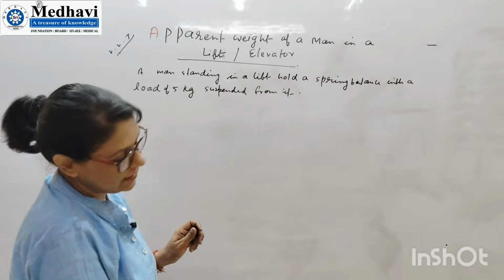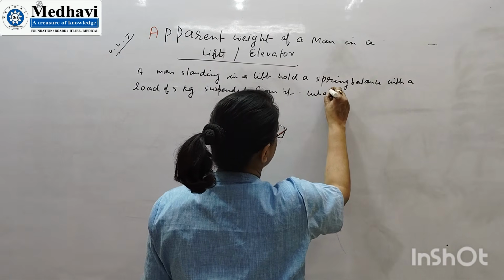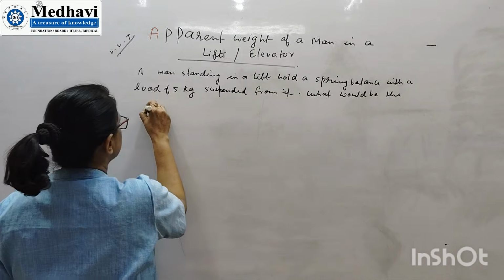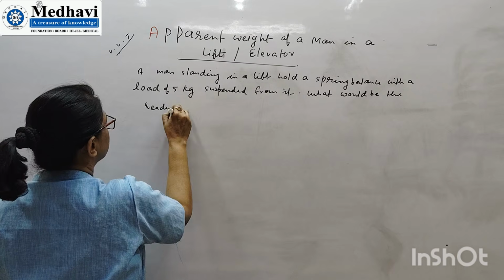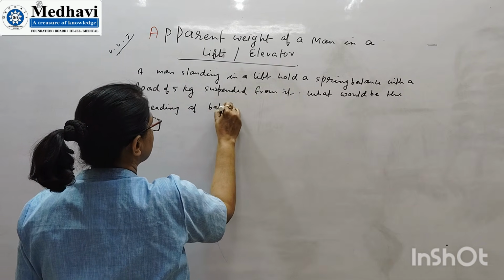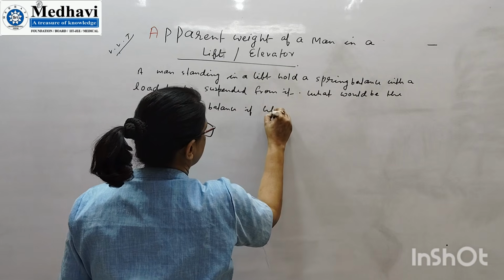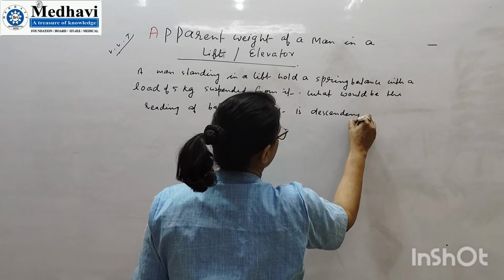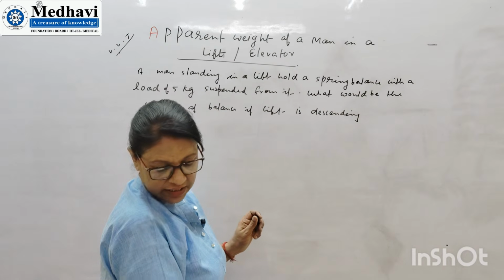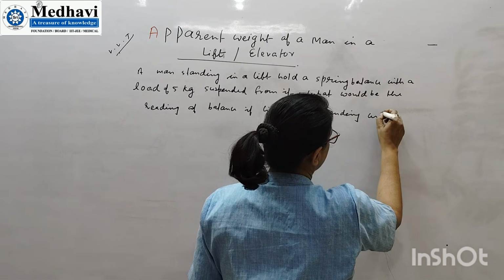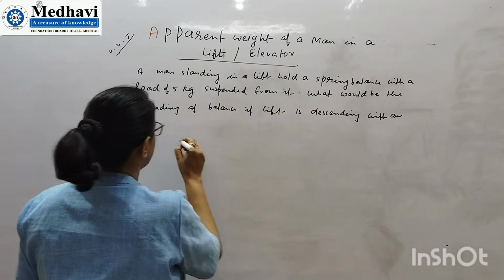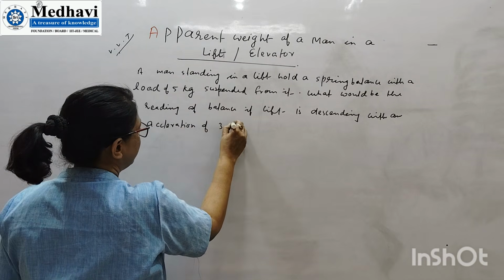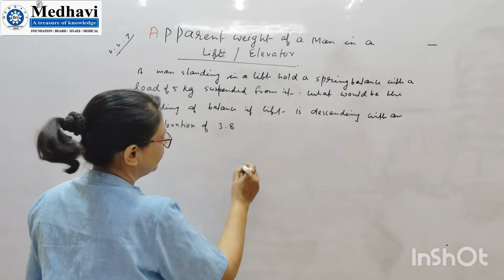What would be the reading of the balance if the lift is descending with an acceleration of 3.8 meter per second square?